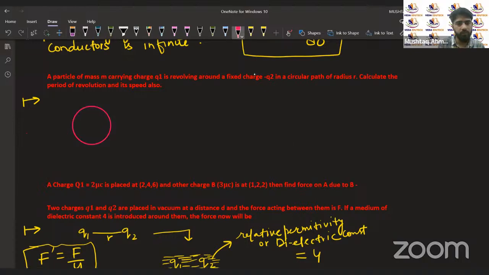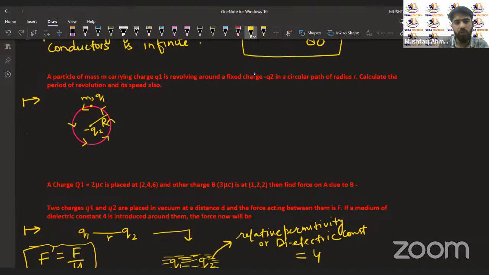Here is a circle, and we have charge minus q2 here at the center of the circle. And suppose the radius of this circle is r, and we have a charge of mass m and charge q1, and this charge q1 is revolving around the circle because of the mutual electrostatic force of attraction between q1 and minus q2.